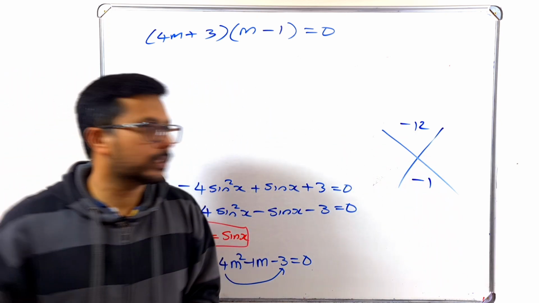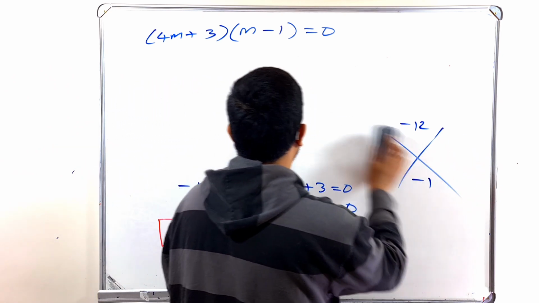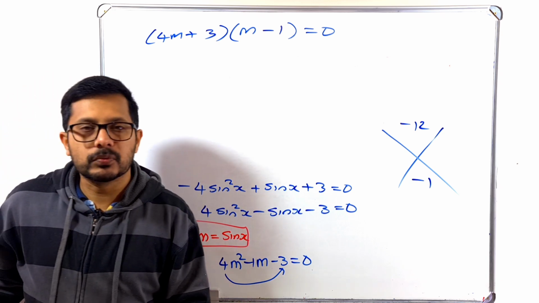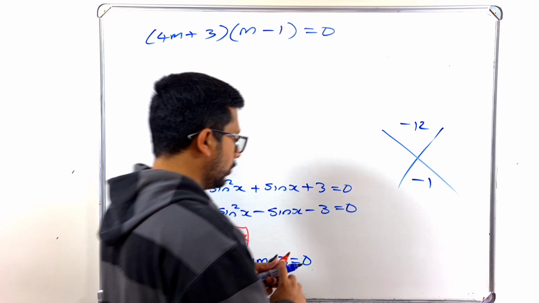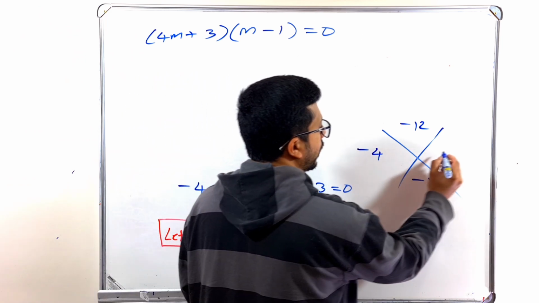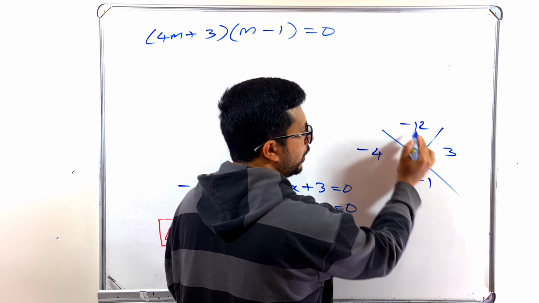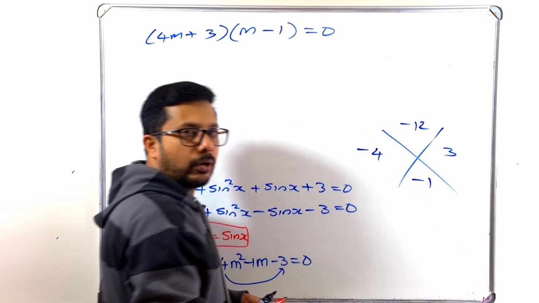What are the numbers, guys? You have to find two numbers whose product is minus 12 and whose sum is minus 1. 4 times 3 is 12, and we want the negative, so minus 4 and 3. Minus 4 times 3 is minus 12. Minus 4 plus 3 is minus 1. Now, not finished.